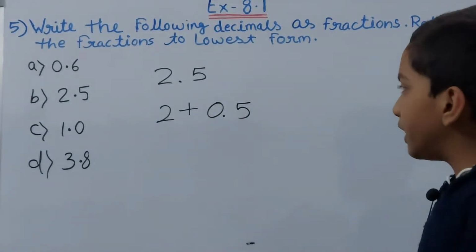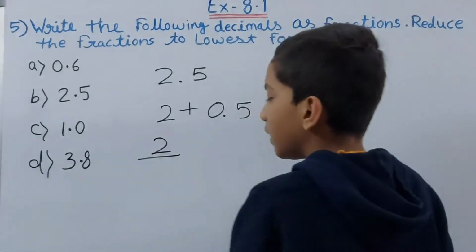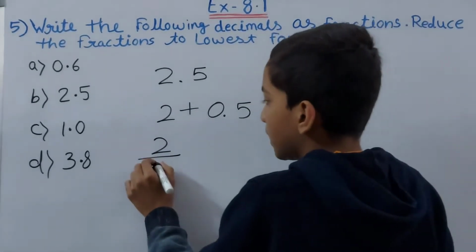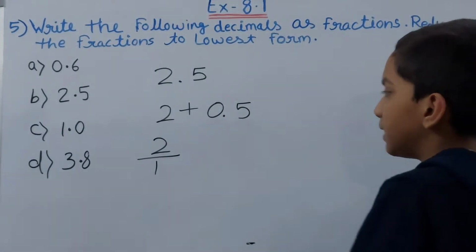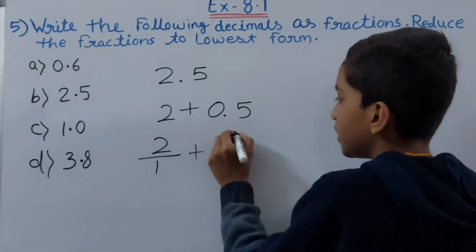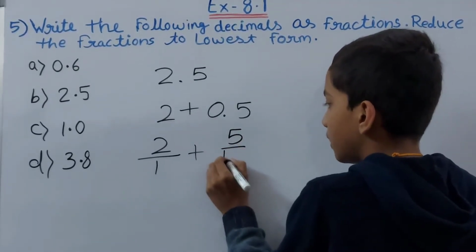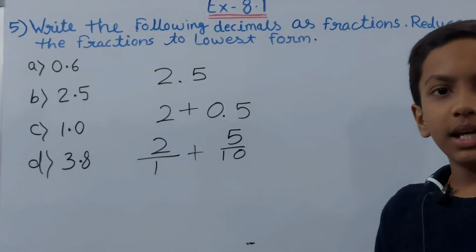Now let's assume that this 2, when we convert it into a fraction, becomes 2 upon 1, with the denominator 1, and the addition sign. And this 0.5 becomes 5 upon 10.